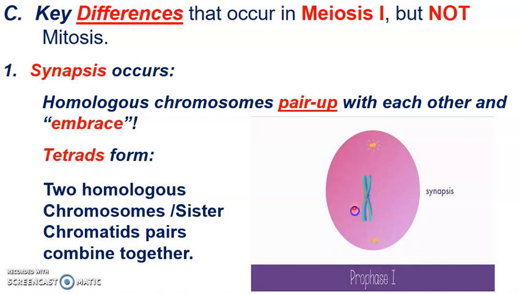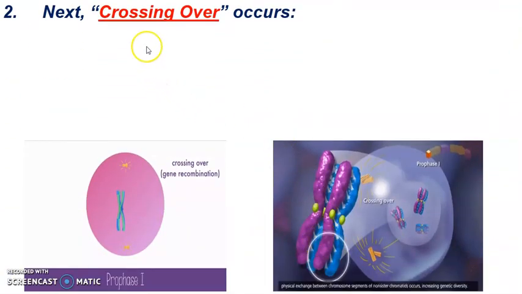Now when they embrace, since DNA is held together by hydrogen bonds, you can end up having an exchange of genetic information between these 2 homologous chromosomes. And that never happens during mitosis. So once synapsis occurs and we form these pairs or tetrads, the next unique thing that can occur is something called crossing over.